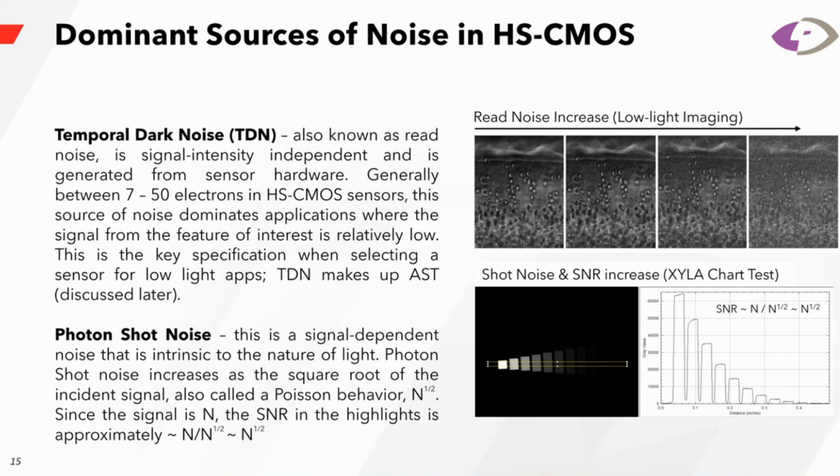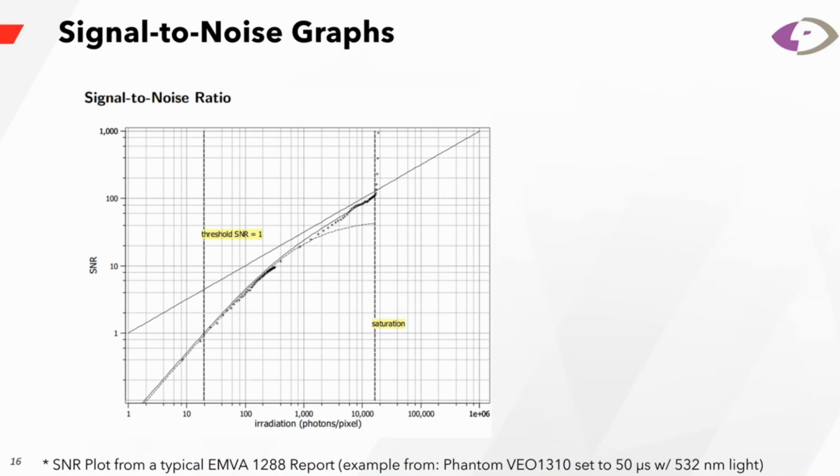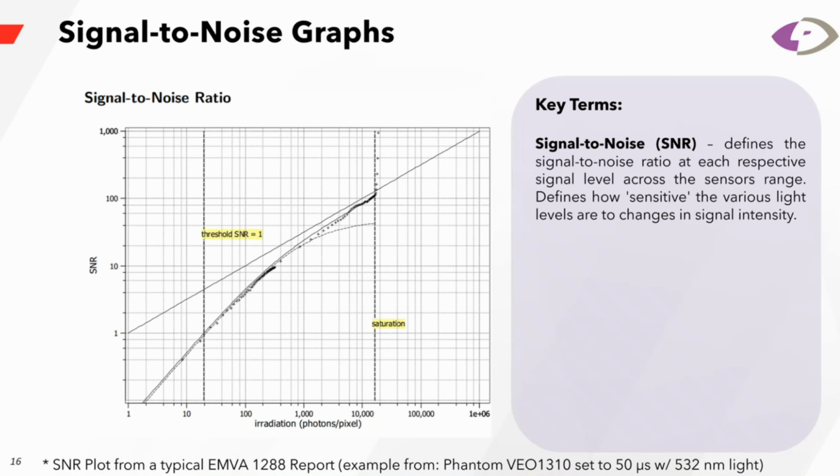Why is this important? It's important because when you look at, for example, your signal to noise graph here, you'll notice that on the left-hand side, it will be dominated by your temporal dark noise. And on the right-hand side, it will be dominated by your photon shot noise.